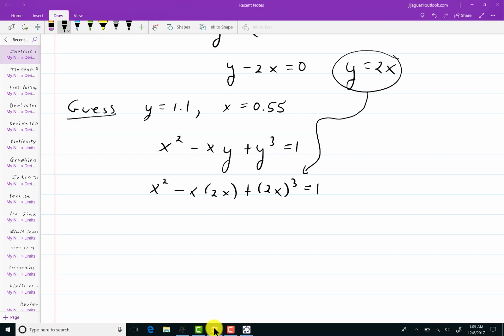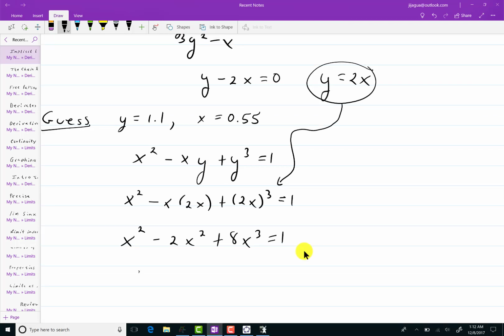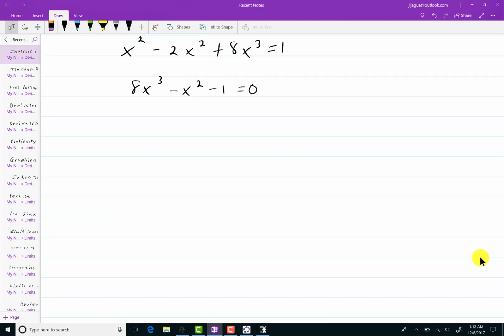Well, this is going to be bad. I'll have x squared minus 2x squared plus 8x cubed equals 1. So 8x cubed minus x squared minus 1 equals 0. Now let's throw that into the calculator to find out approximately what the 0 is for x.